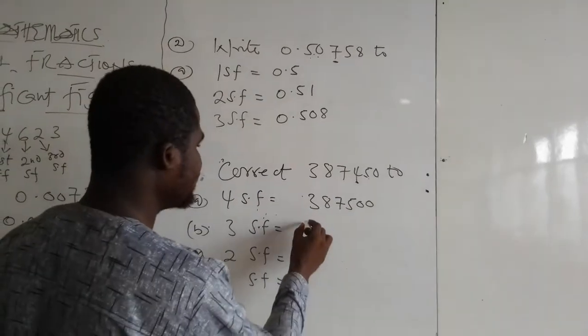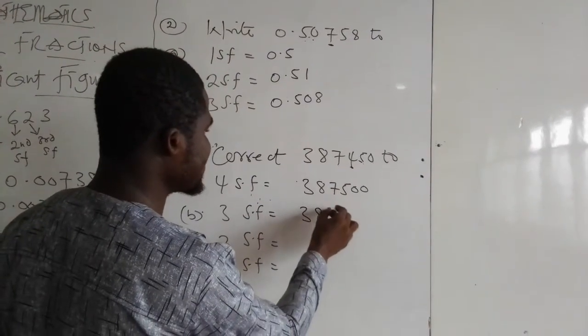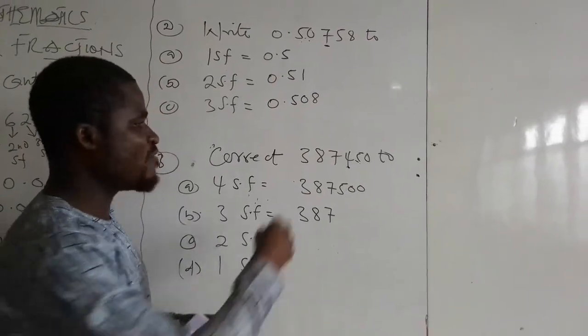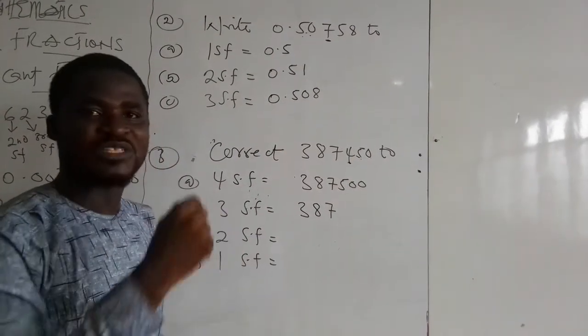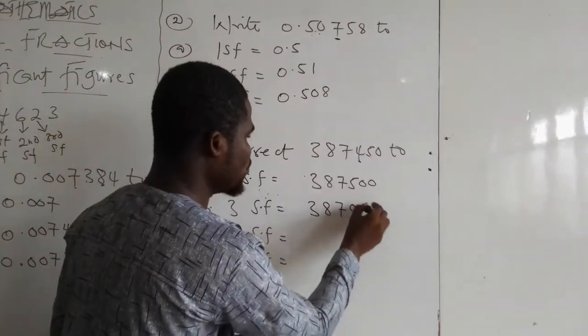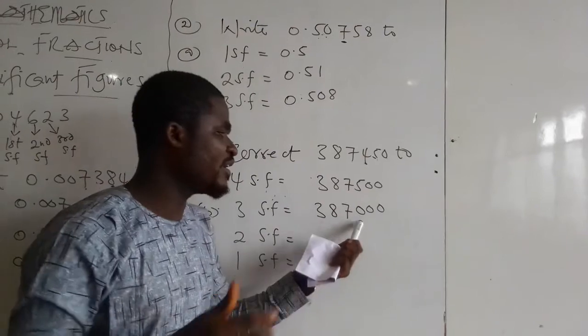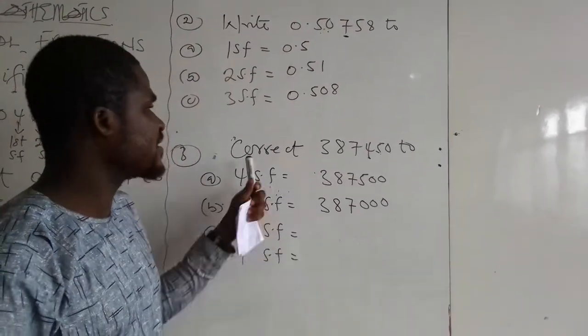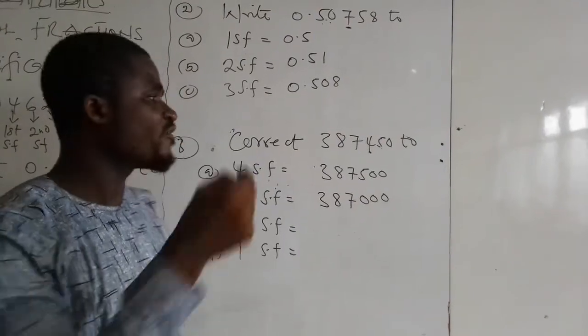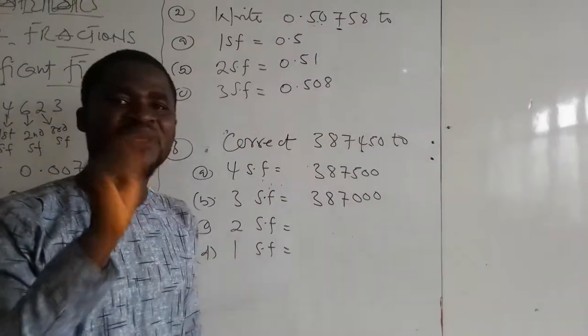So I'm going to have 3, 8, 7. Then the rest of the numbers, I will fill in with what? Zeros. So 1, 2, 3. Why am I filling it with zeros? Because the question doesn't contain decimal points. So I have to fill in with zeros to make the place value correct.